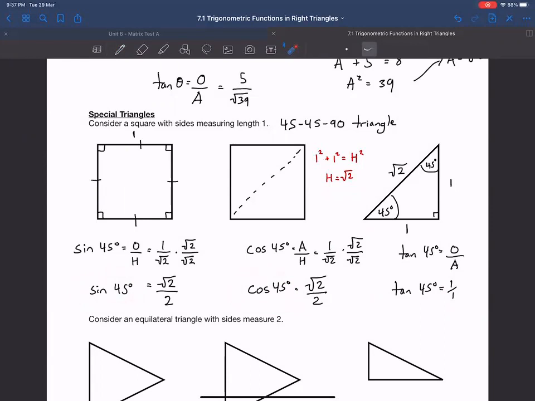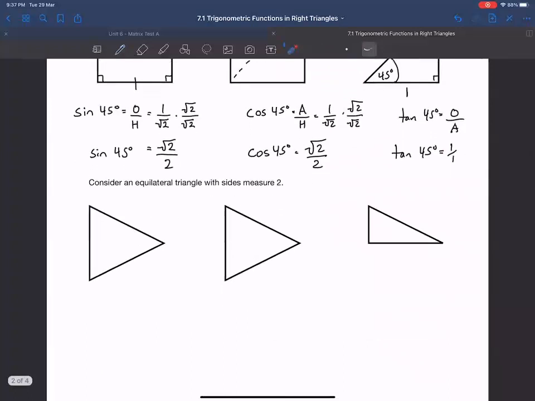And our second special triangle we're going to look at is an equilateral triangle with side lengths all measuring 2. Now, if you can recall, for an equilateral triangle, one of the requirements is that all the angles internally must be 60 degrees.